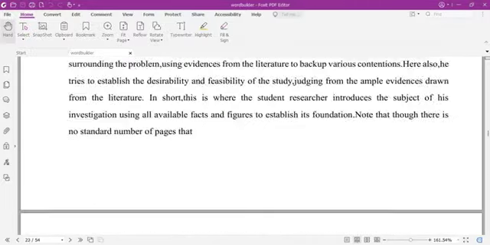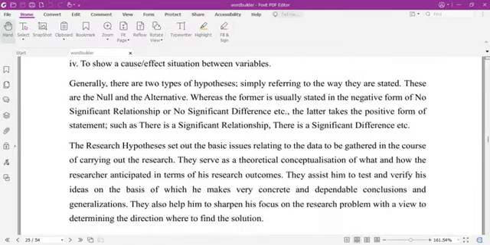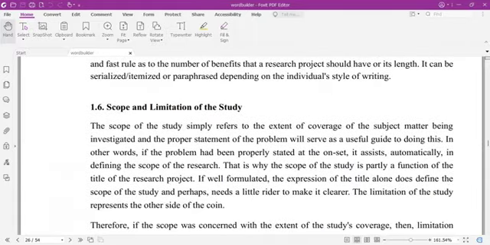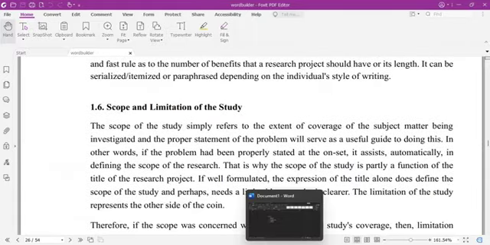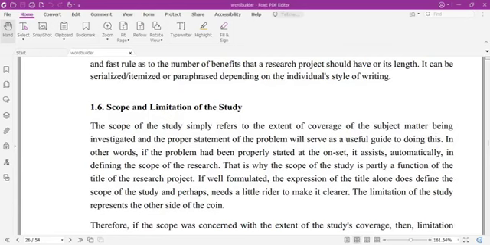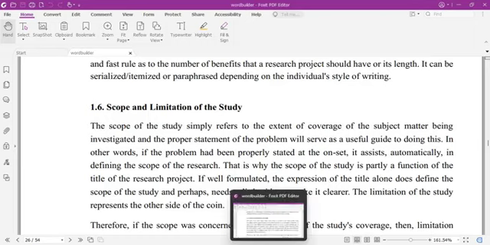We talked about background to the study, statement of the problem, research questions, objectives, significance, and then scope. Okay, we are now on the scope of the study. At least looking at it, it will help you to follow up. The scope and limitation, sorry.